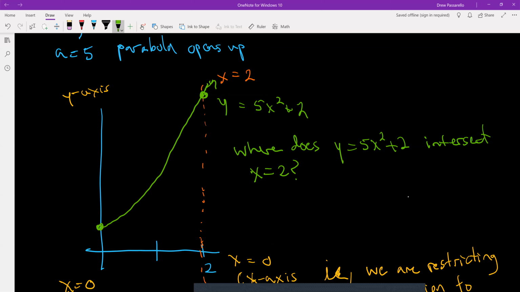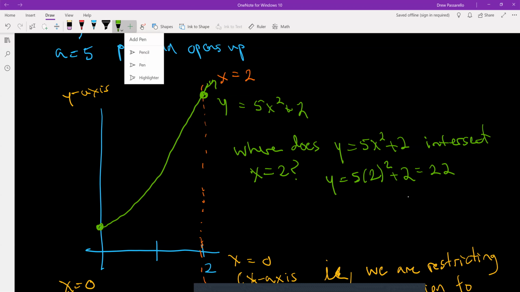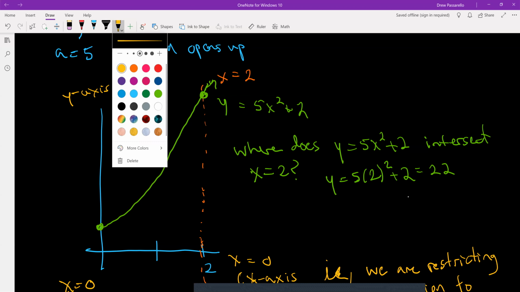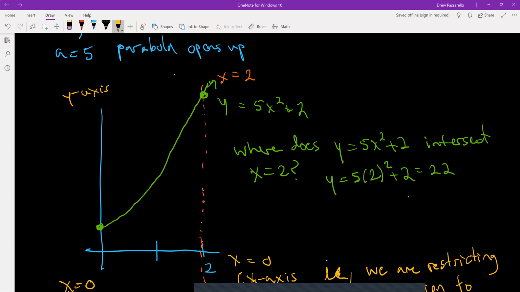And you just plug 2 in for x. So that's 5 times 4 is 20, plus 2 is 22. So the coordinates of this point are (2, 22). And then the coordinates of this point are (0, 5).